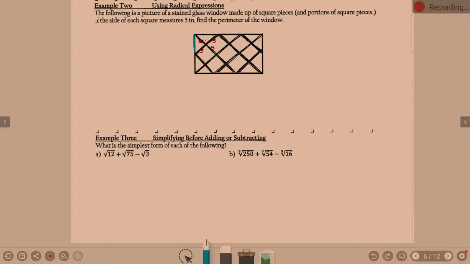And where does that piece get drawn in a square? If we think about a square, here's my attempt at a square. 5, 5, 5, 5. Where is this piece at? It's that diagonal there, isn't it? Is that 5 also?